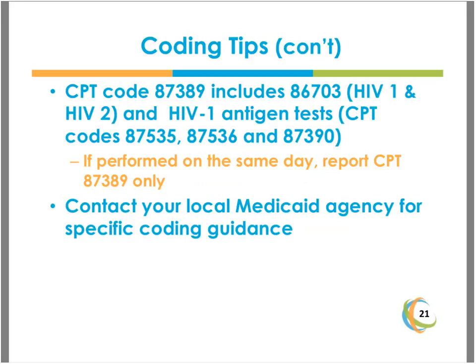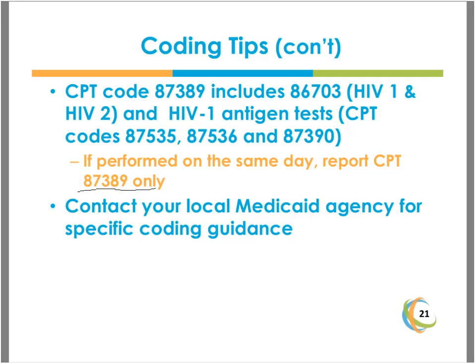So in those scenarios where the patient has an HIV-1 and an HIV-2 combo test, or they have the HIV-1 antigen test, it is only necessary to report CPT code 87389, because this particular CPT code takes into account all of those services in a combo, as a combo code. So you should not be reporting all of these codes in combination with one another. You just report CPT 87389.